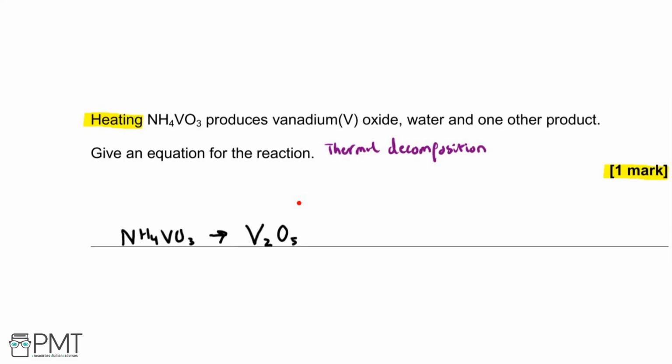Then we've got water, which is H2O. And then we've been told we've got one other product. If we look at what still hasn't been used from our vanadium compound, we can see we still will have some hydrogen and some nitrogen. We can also, before starting to write that out, see immediately that we're going to need to balance this equation, as we only have 1 atom of vanadium on the left-hand side, but we have 2 on the right.